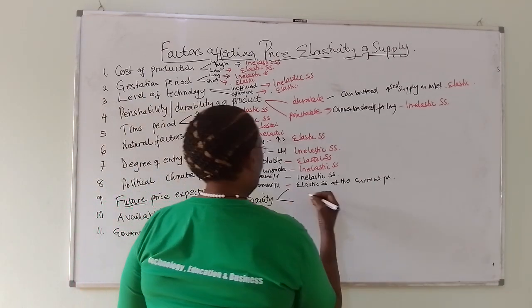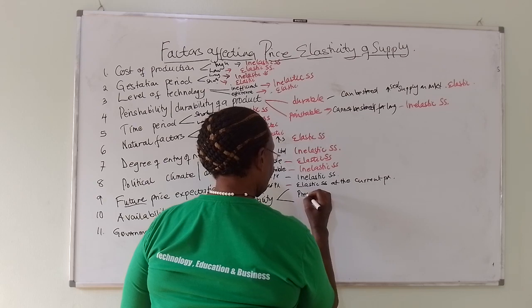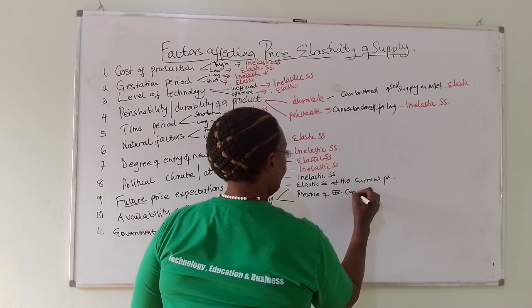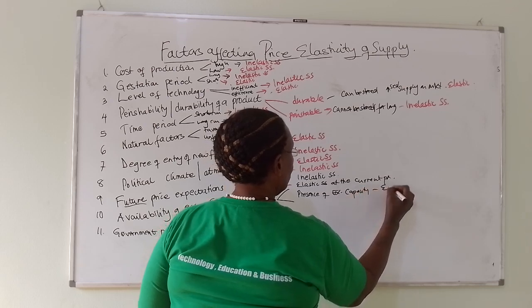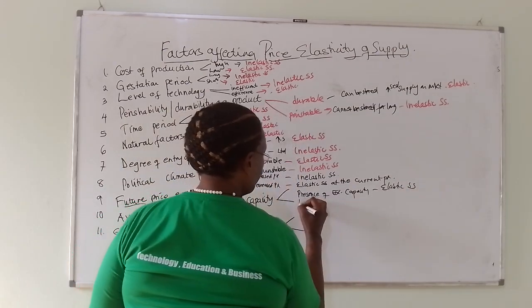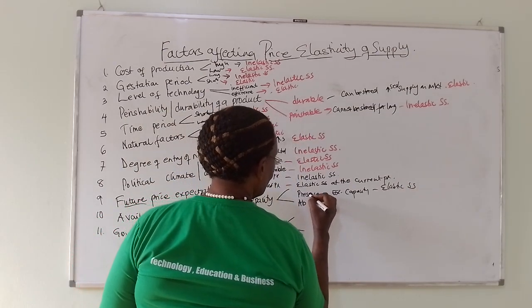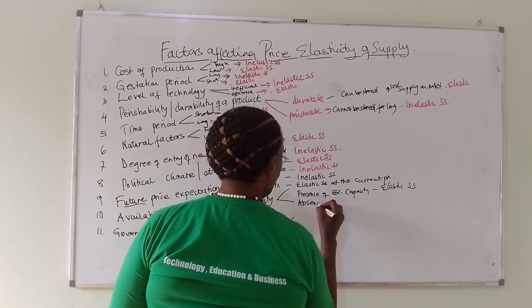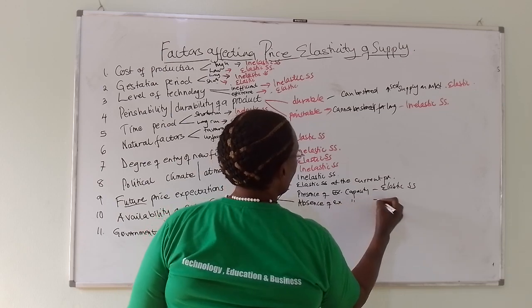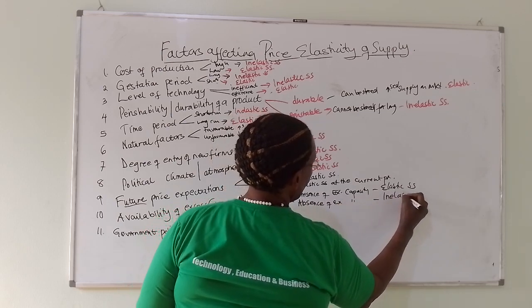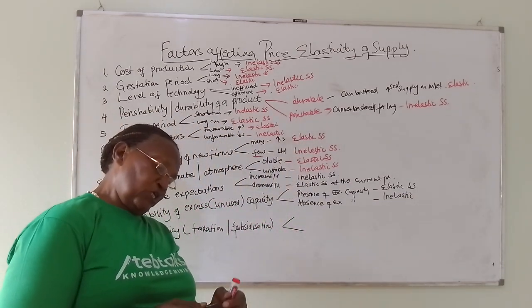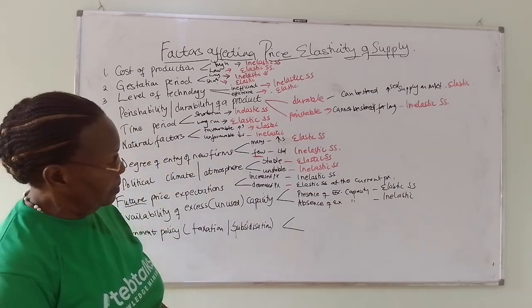Hence, we find that the presence of excess capacity leads to elastic supply. Yet in its absence, where you're already operating at the maximum or optimum and there is no more room for expanding your scale of production, the supply is going to be inelastic. You won't be able to increase the supply to respond to an increase in the price.